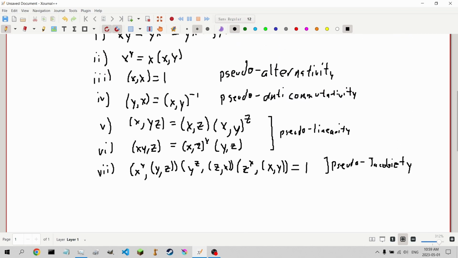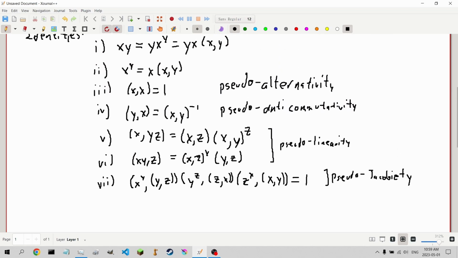Now, to walk through all these, so I guess we will walk through the proofs of some of these.